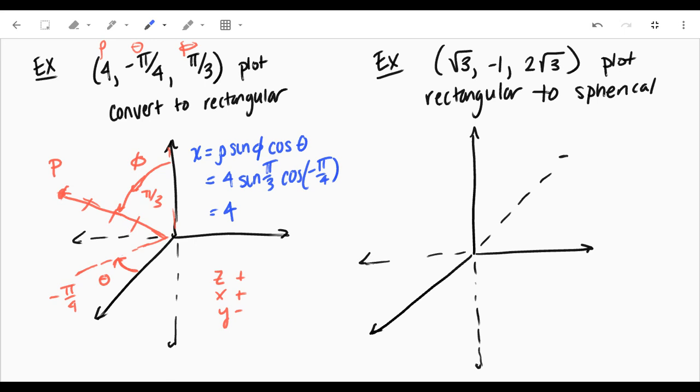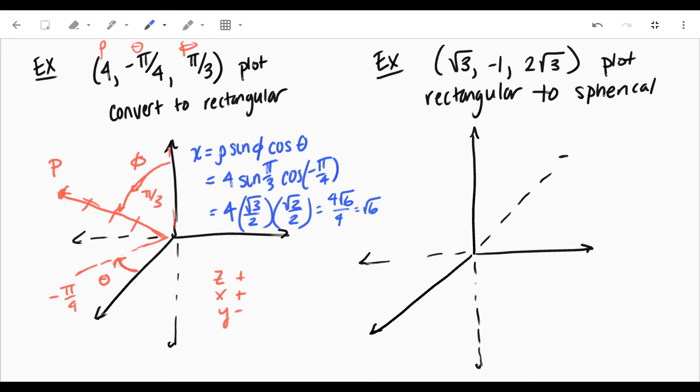It is square root 3 over 2. I was picturing it wrong. And then the cosine of negative pi over 4 would be square root of 2 over 2. Okay, so then we'll get 4 square root of 6 over 4, which is square root 6.